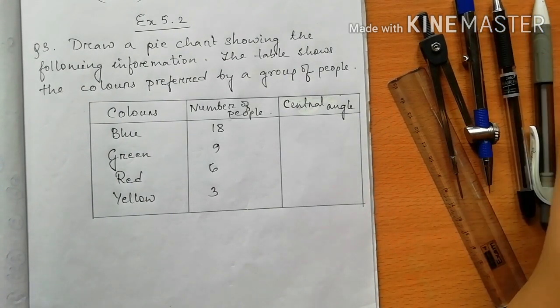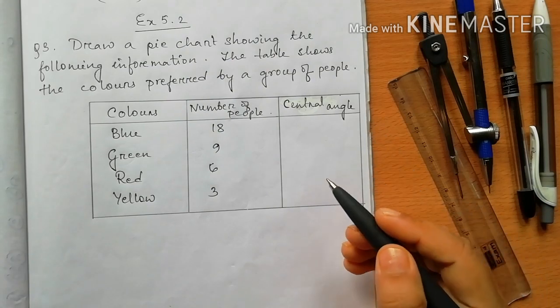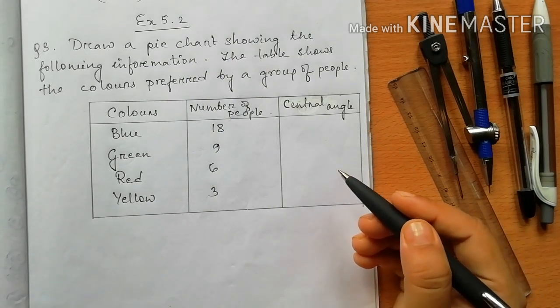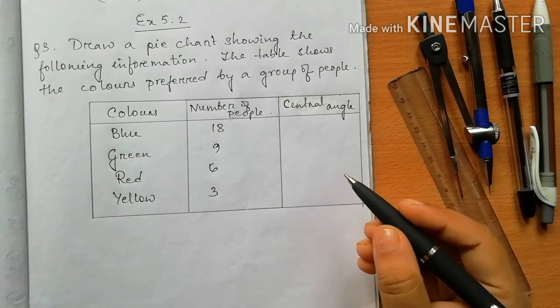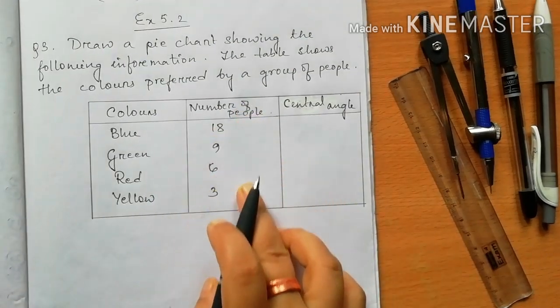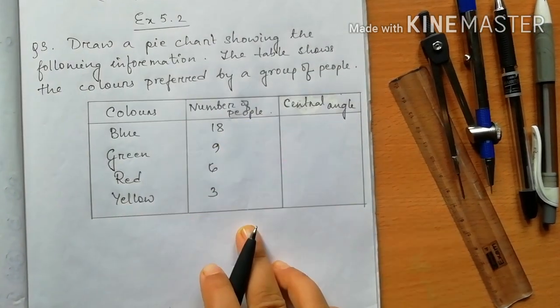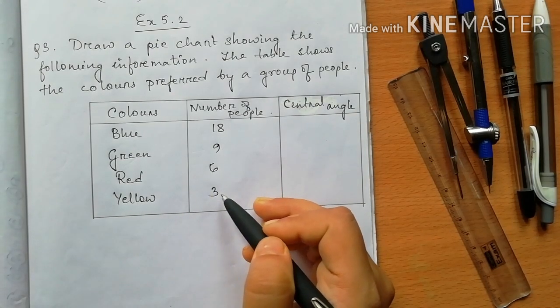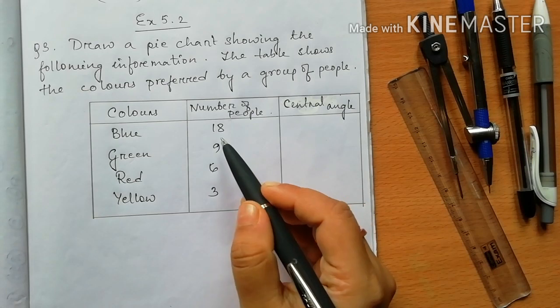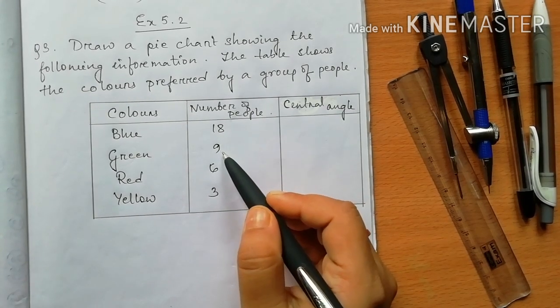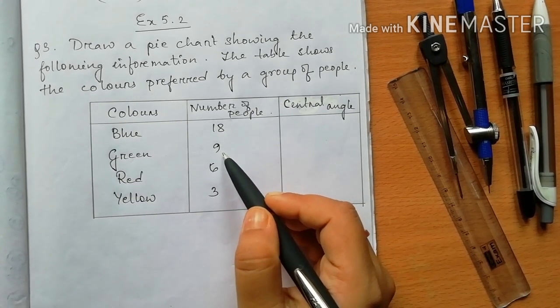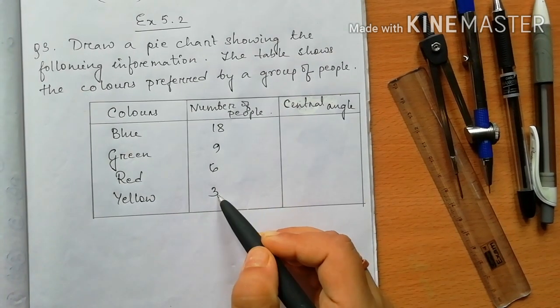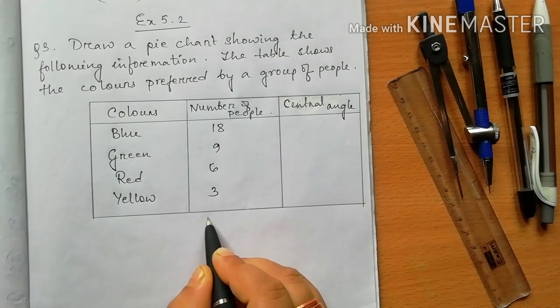To find the central angle, we first find the total number of people by adding 18, 9, 6 and 3. 18 plus 9, 27, 27 plus 3, 30, 30 plus 6, 36.